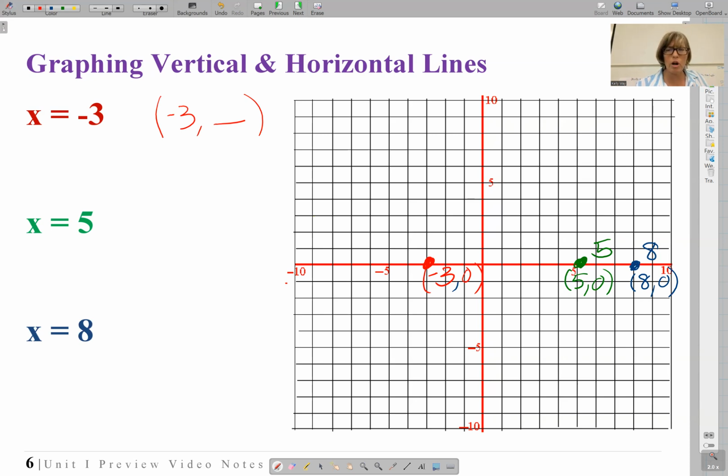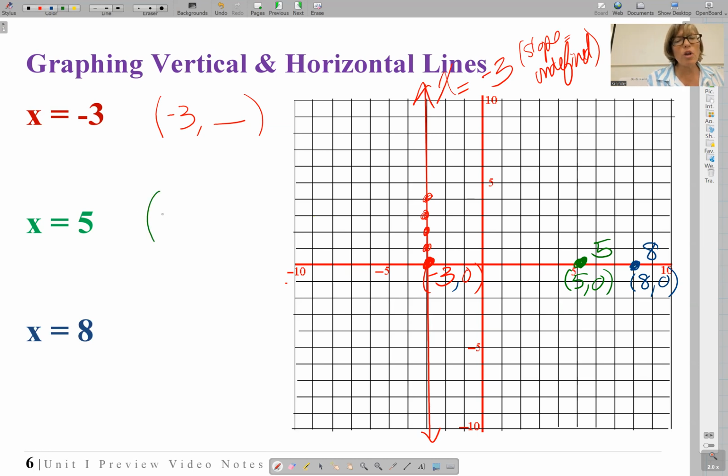We'll start with (-3, 0), (-3, 1), (-3, 2), (-3, 3), (-3, 4). And you can see, using your straight edge, that the line is vertical. This is x equals -3, all the points where x is -3. Notice that the slope is undefined.